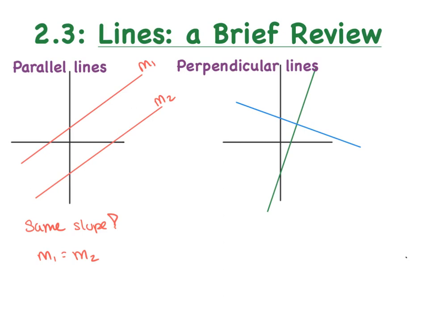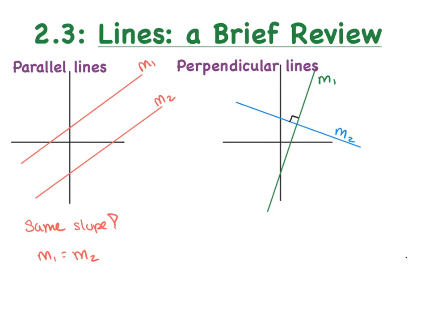On the other hand, perpendicular lines. Remember, two perpendicular lines make a right angle with each other. What I'd like you to notice about the two perpendicular lines graphed here is that the first one, the green one, is going up and to the right. So if I call its slope m1, that would be a positive slope because it's going up. On the other hand, m2 for the other line, the blue line, is going down.